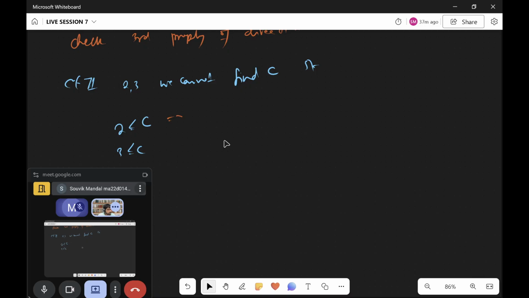Because if this is C, then 2 minus C is even, and 3 minus C is even, and this implies 1 is even, which is of course not true. So that's why for the numbers 2 and 3, we cannot find any number C such that 2 less than or equal to C and 3 less than or equal to C.